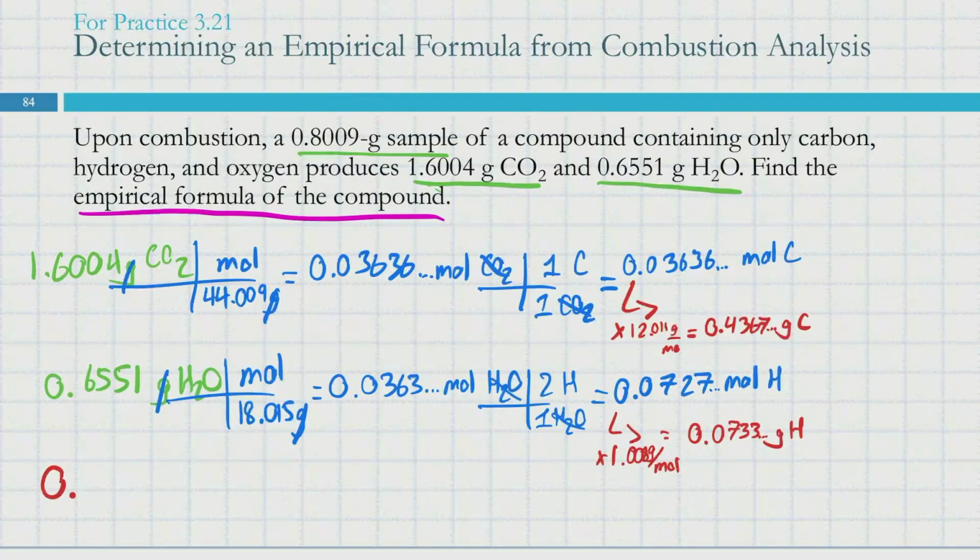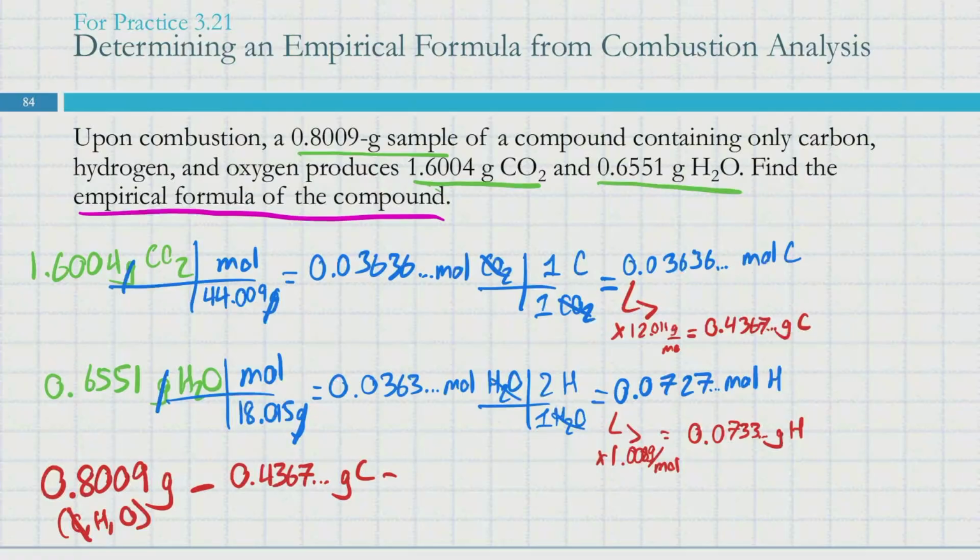Okay, so 0.8009 grams. Remember, this is carbon, hydrogen, and oxygen. We don't know how many of each. We just know that those three things are in there. If we subtract the grams of carbon, whatever we get out will no longer have the carbon included in it.